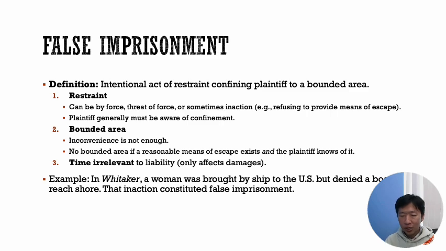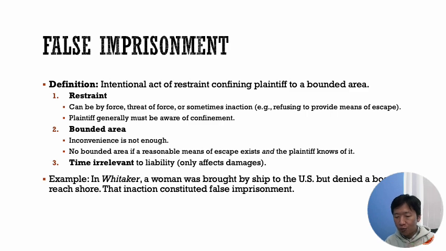Next one, false imprisonment. The definition of false imprisonment is an intentional act of restraint, confining a plaintiff to a bounded area. If we break down the definition, here are some elements. Always look at the elements in the story, in the essay.